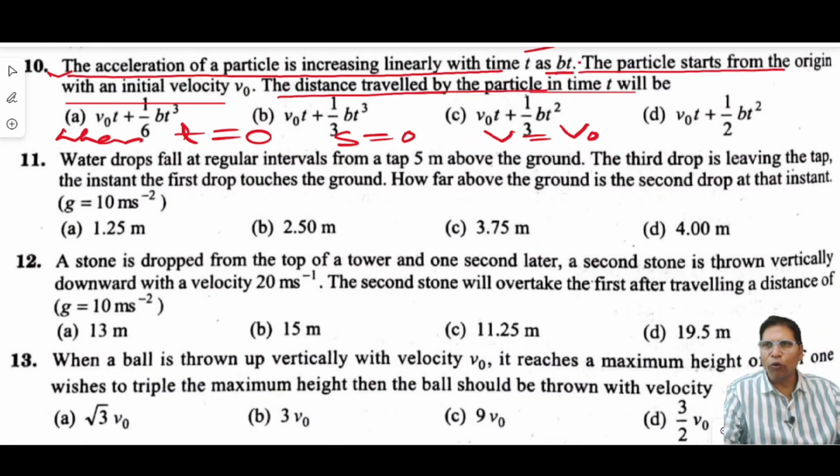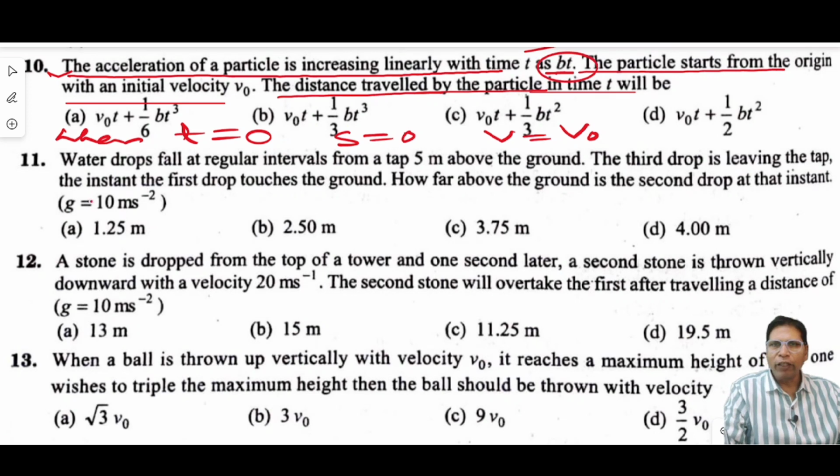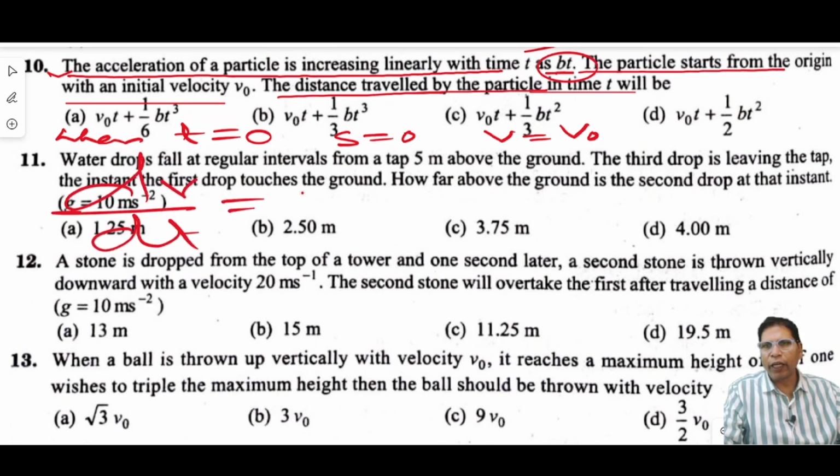This is the acceleration, so dv by dt equals bt. Therefore integration of dv equals integration of bt dt. Okay, no problem. Now what is the boundary condition? When t is 0, velocity is v naught. When t equals t, velocity is v.